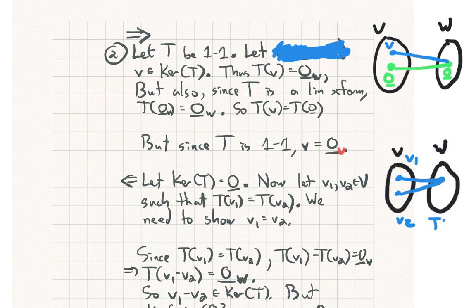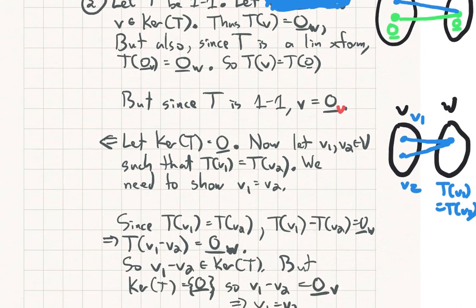So this is both T of V1 and T of V2. And the whole idea, we want to show that if the kernel is just the 0 vector, then the only way that this can happen is if V1 and V2 are actually the same vector, that these lines actually must overlap. Okay. So we understand the setup.